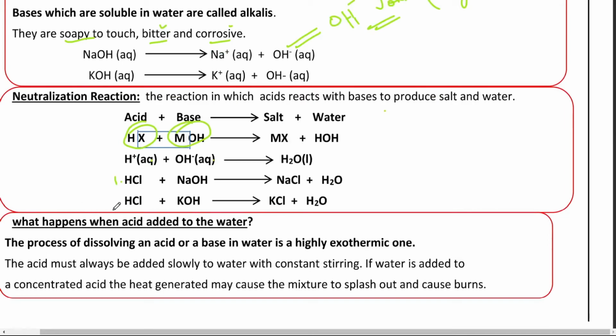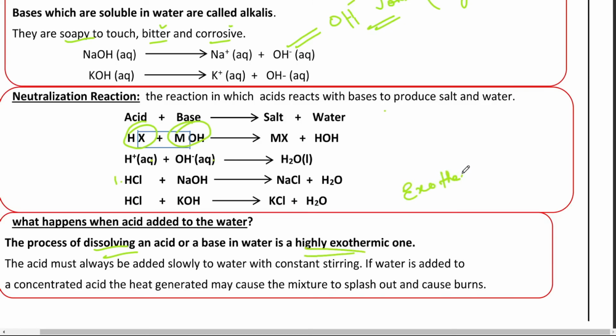Now, let us understand what happens when acid is added to water. What is the correct method of adding water to acid or acid to water? The process of dissolving an acid or a base in water is highly exothermic.